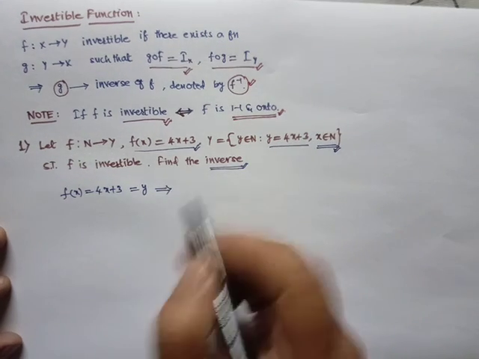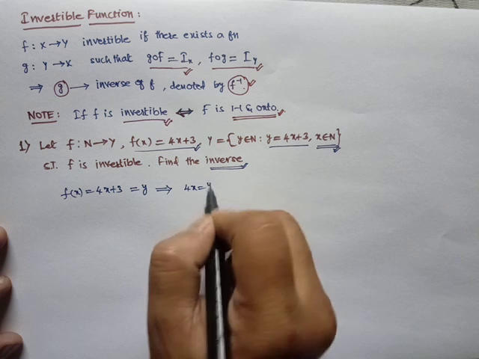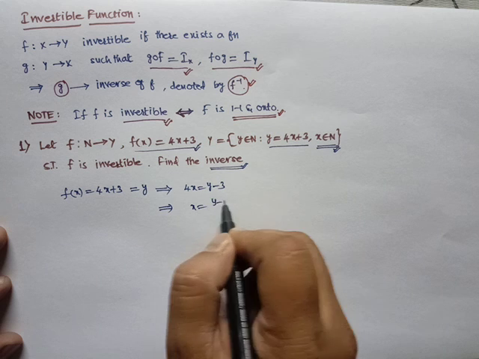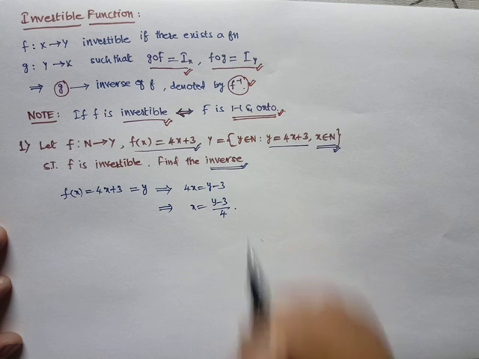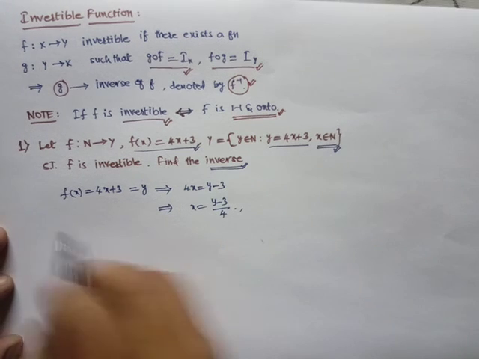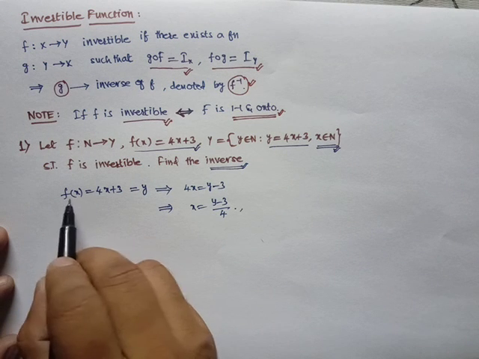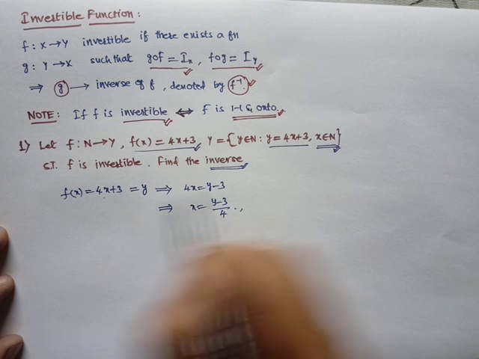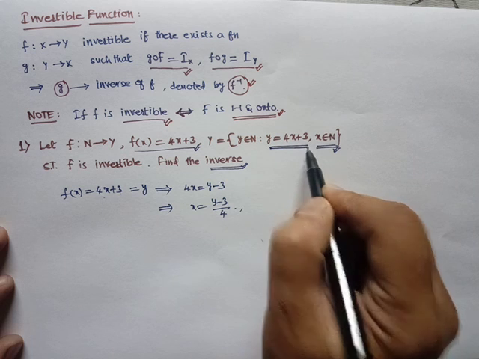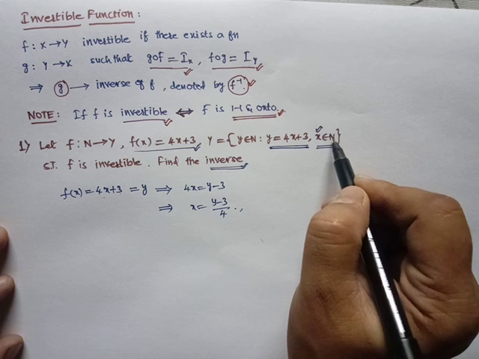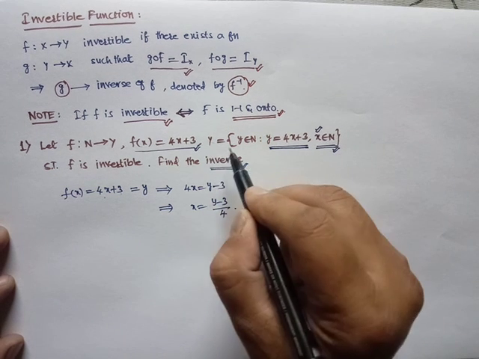Now 4x equals y minus 3, and x equals y minus 3 by 4. Keep this aside. Where is this f of x coming from? f of x is taken as y equals 4x plus 3, and for values of x coming from natural numbers, the set y is defined.